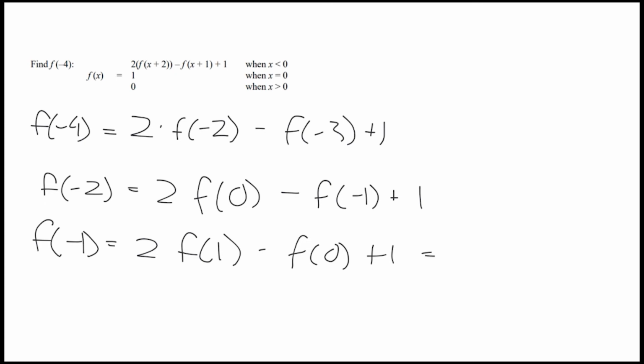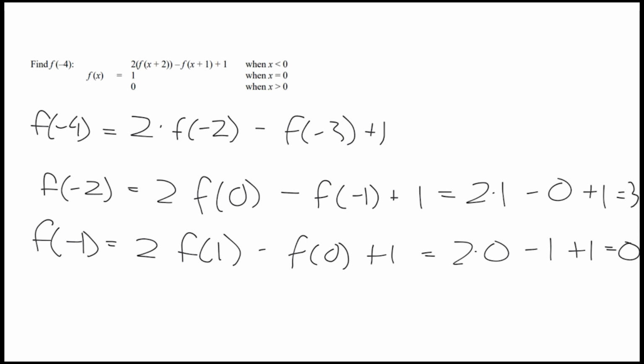So this equals 2 times 0 minus 1 plus 1, which equals 0. Now, knowing that f of minus 1 is 0, we can plug that in to solve f of minus 2. We know that f of 0 is 1, so this would be simply 2 times 1 minus 0, because we know that f of minus 1 is 0, plus 1. So 2 minus 0 plus 1, which equals 3.